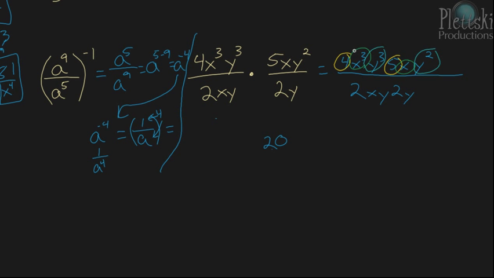You have 20, then x cubed times x. Well, that's going to be x to the 4th, because when you multiply powers, you can just add the exponents. And remember, any number that doesn't have an exponent written, you can imagine a 1 there. So it'll be x to the 3rd plus x to the 1st, which is x to the 4th. And then y cubed times y squared, add those exponents, and you get y to the 5th power.